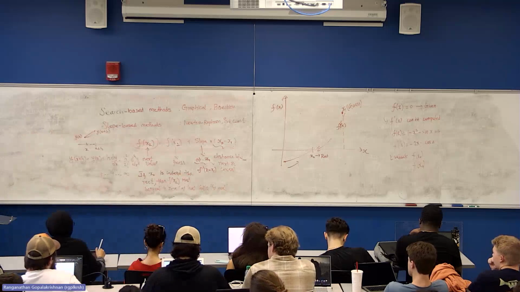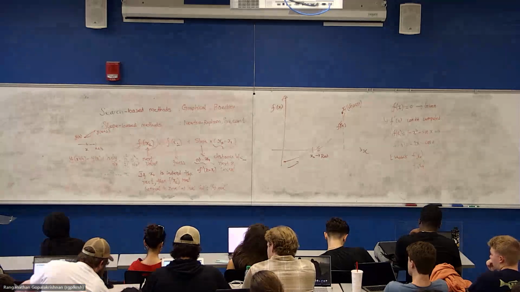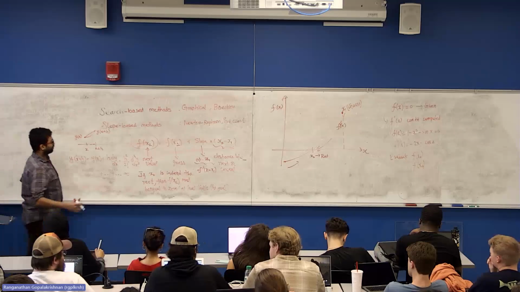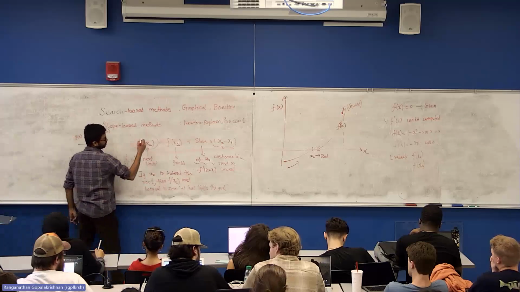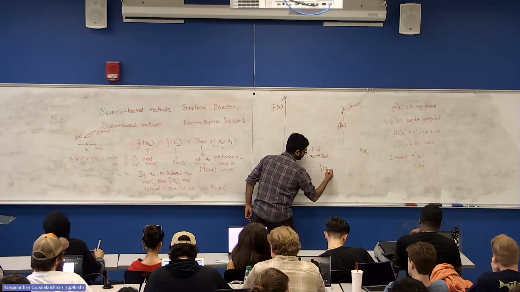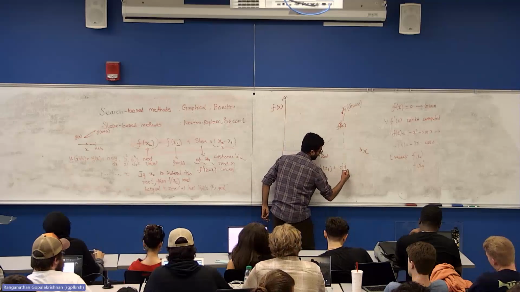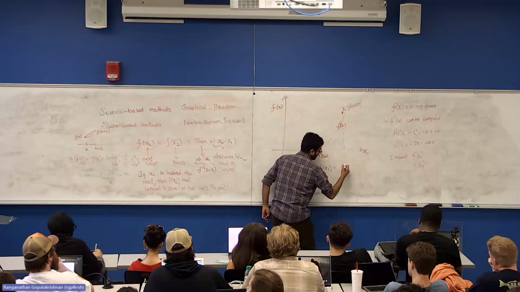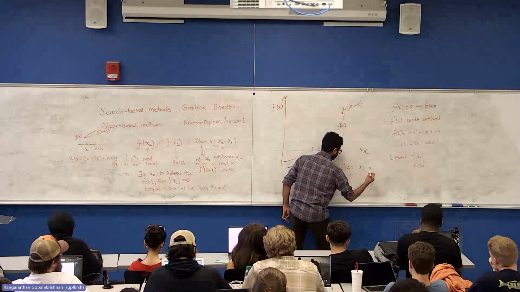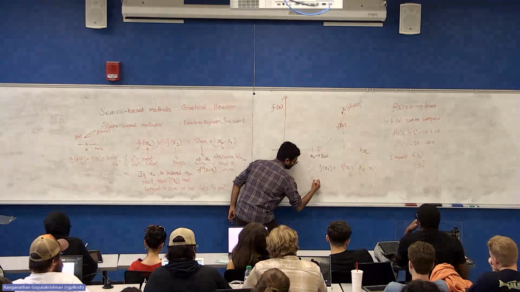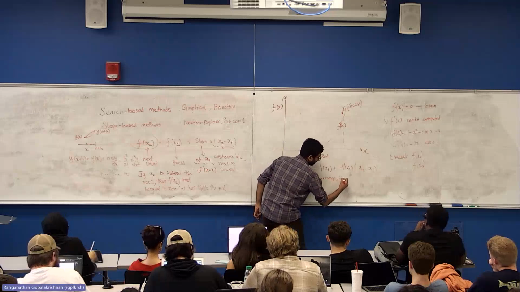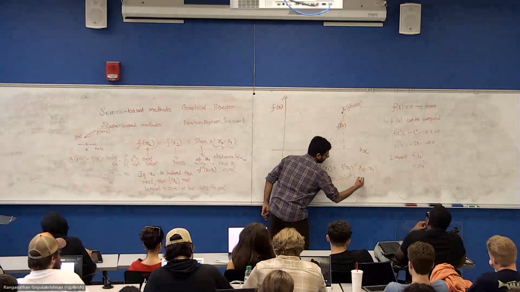Okay. So if f of x2 is to be 0, then I can write 0 is equal to f of x1 plus dy by dx or f dash of x1 times x2 minus x1. Can you rearrange and solve for x2? Can you please do that?